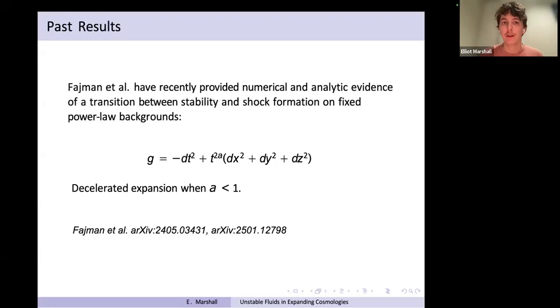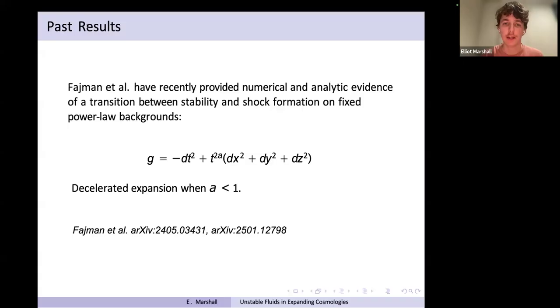Okay. So to begin in this direction, I really want to emphasize some key past results, and these are really due to the work of David Feynman and collaborators. So they've done a mixture of numerical and analytical work looking at fluids on fixed power law backgrounds. And there they find a transition between where they get stability results and where you get shock formation on these fluids.